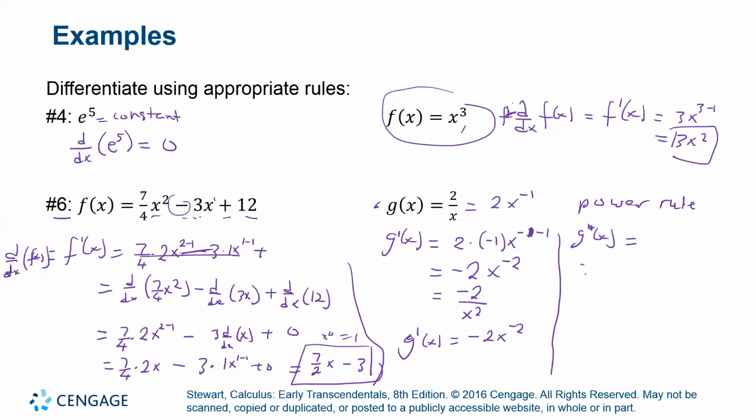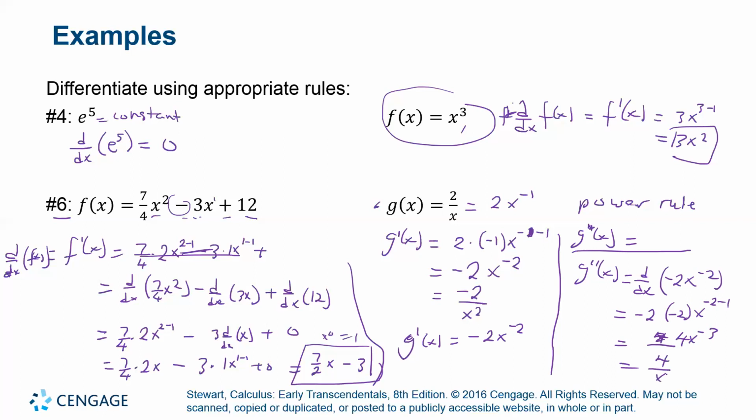So if I differentiate that again, g double prime of x, the d/dx of this expression, minus 2x to the negative 2, will give us minus 2, then negative 2 times x raised to negative 2 minus 1. So that gives us 4 times x to the negative 3, which is the same as 4 over x cubed.